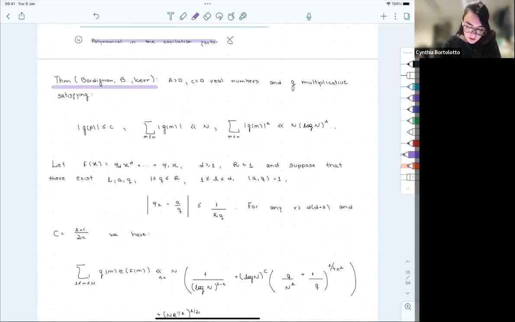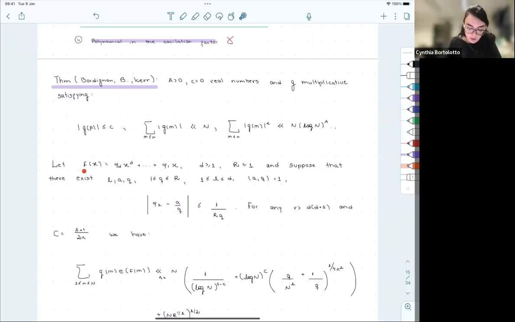So we proved that for any a and c real numbers and g a multiplicative function satisfying the following conditions: g evaluated at primes is bounded by c. The L1 norm of the function is bounded by n. And when we take the L2 norm, we get at most n log n to some power.